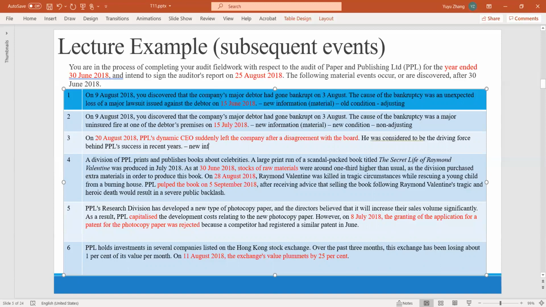So is this new information? Yes. Is this material? Because the leaving will have impact on the success of this company, it is also quite material for the going concern of this company, right? Is this an old or new condition?